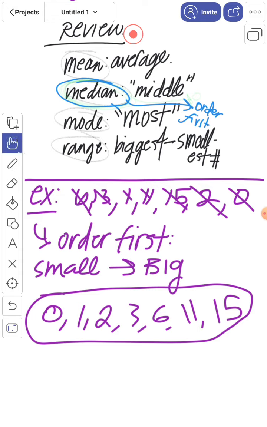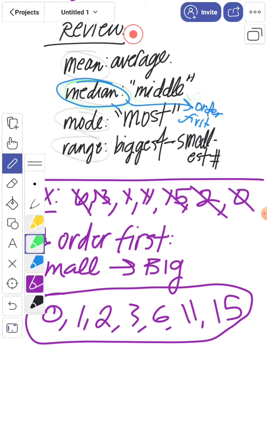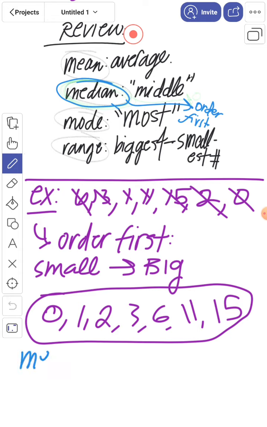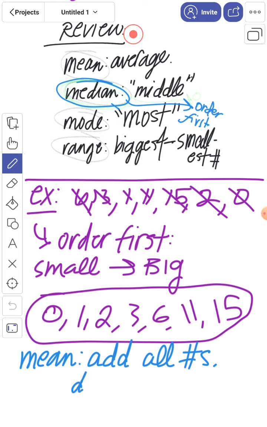And so now, I like blue. The mean. Okay, the mean. So we add all the numbers and then divide by the number of numbers.